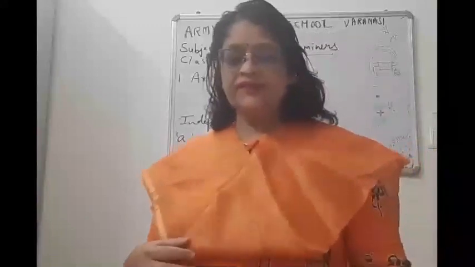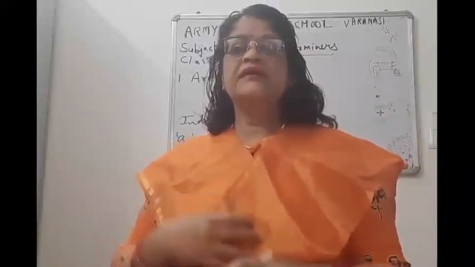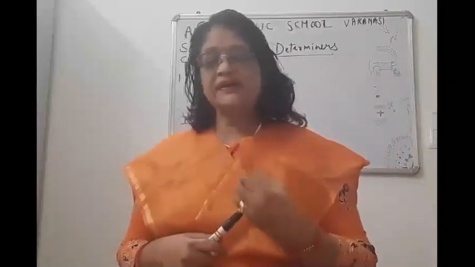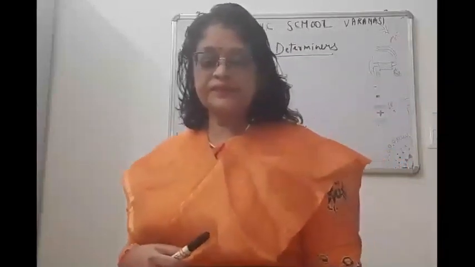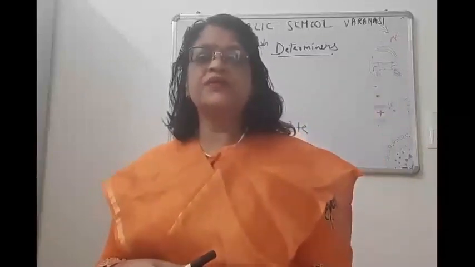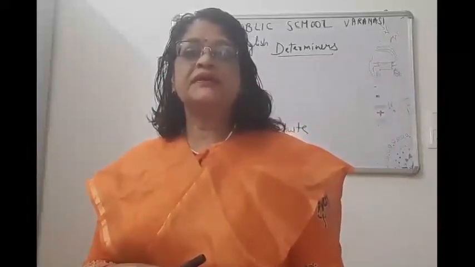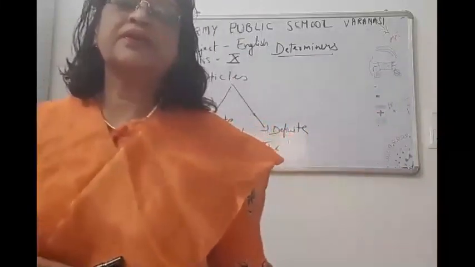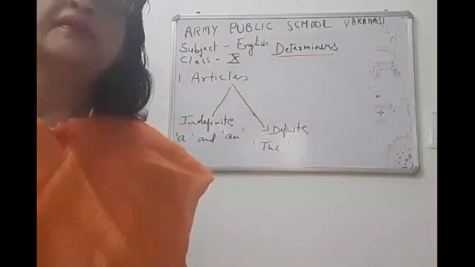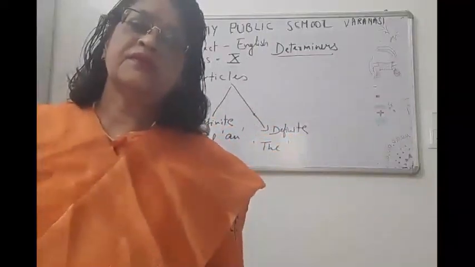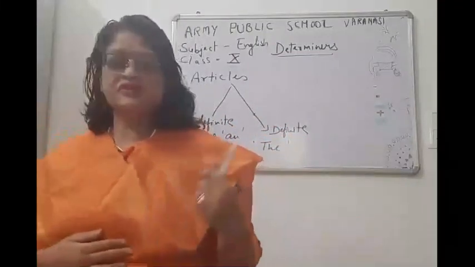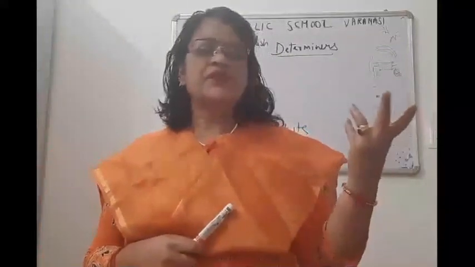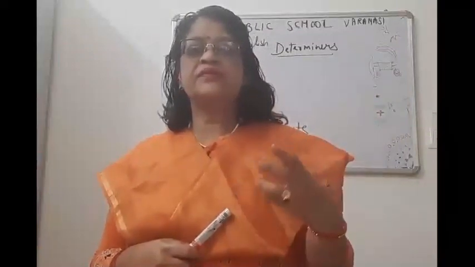Before telling you about articles, I would like to tell you about countable nouns and uncountable nouns, because a and an play an important role with them. A countable noun is a noun which we can count, like 4 glasses are kept on a table, or many chairs.